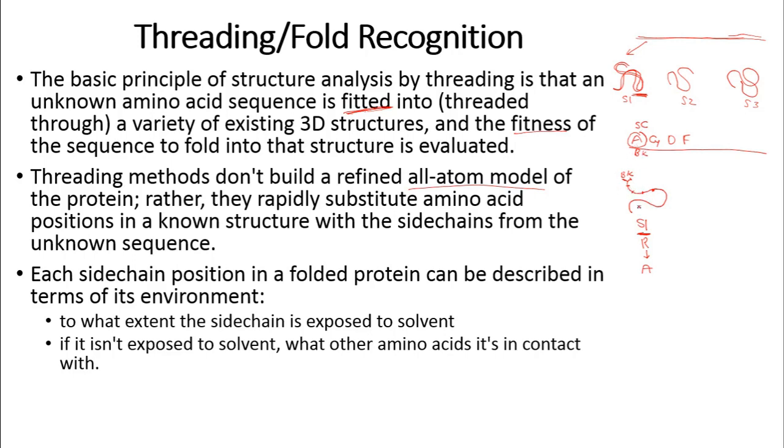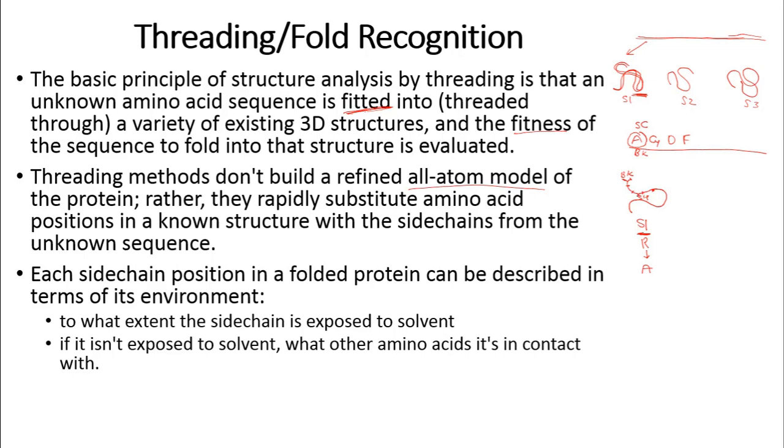Right? So you would have alanine over here. Now you can have, well, say for example, cysteine over here. Cysteine है मतलब यहाँ पर कौन सा ग्रुप रहेगा? सल्फाइड्रिल ग्रुप रहेगा. Right? And once you have threaded or fitted your amino acid residues into this particular fold, okay, then you would check for its fitness. Then you would check if my cysteine residue fit properly over here at this location or not.